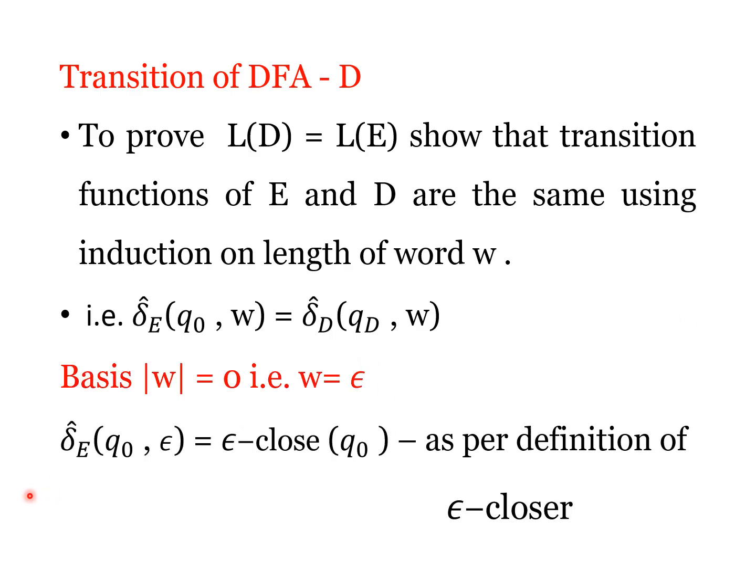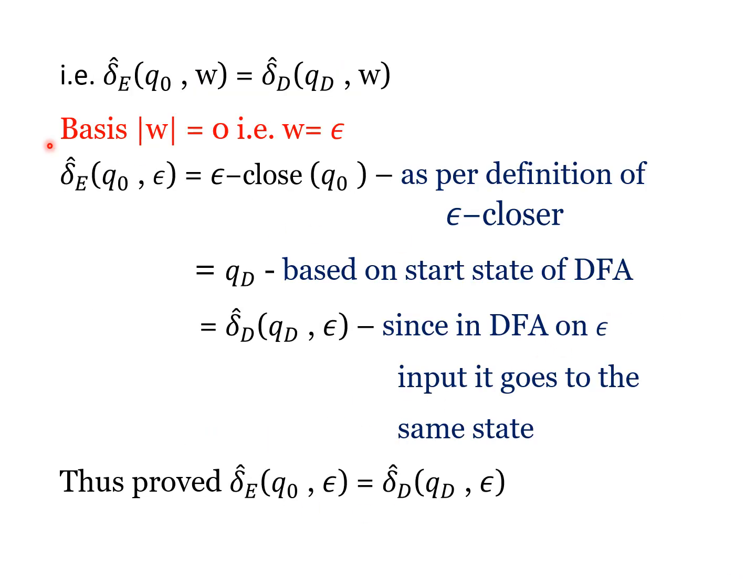So starting from the start state Q0 in the epsilon NFA on the input epsilon, what are all the states we are going to obtain? That is nothing but the epsilon closure of Q0, as per the definition of epsilon closure. And what about the case of DFA?